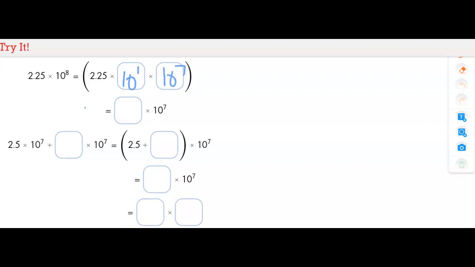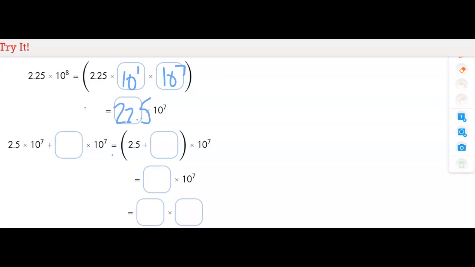I want it to be the same exponent as the other number. So I now have 10 to the power of 1 times 2.25, and now that becomes 22.5, tenths. This will be a decimal. And times 10 to the 7th power.